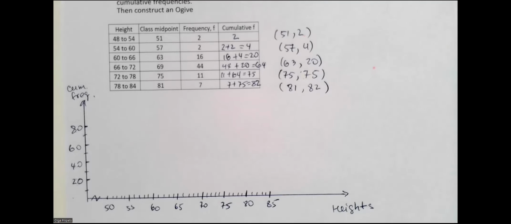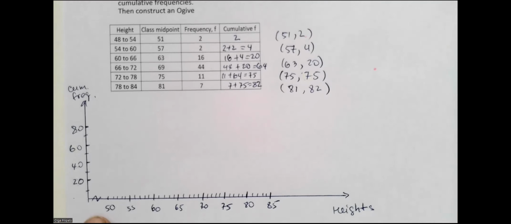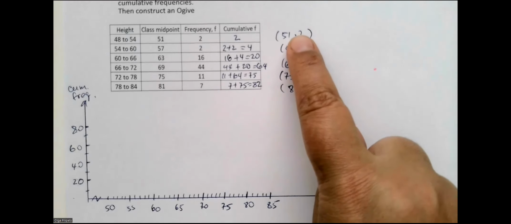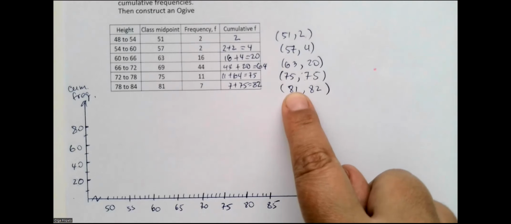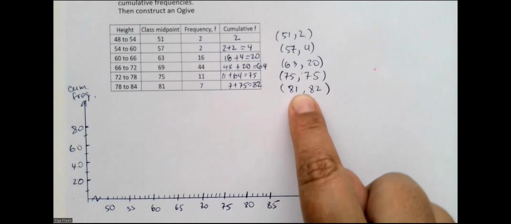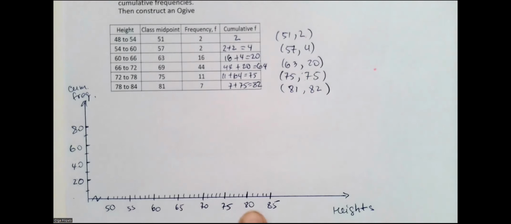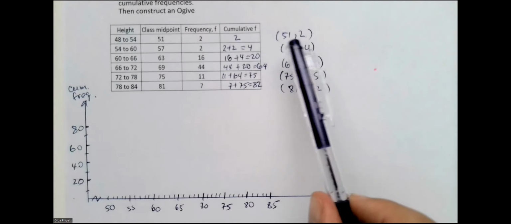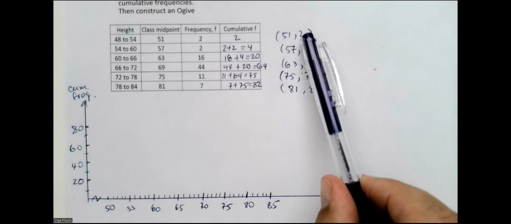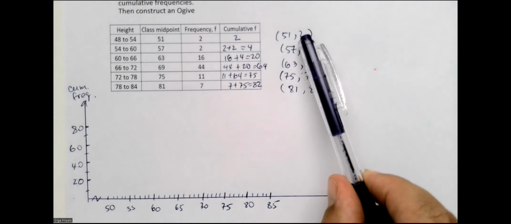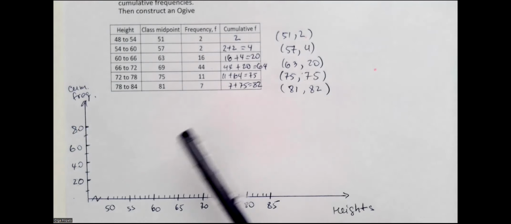So again, my X values are going to be my heights, and the lowest is 51 and the highest is 81. Make sure that you have it on your axes. And then for the cumulative frequencies for the Y values, I need all the values between 2 and 82.